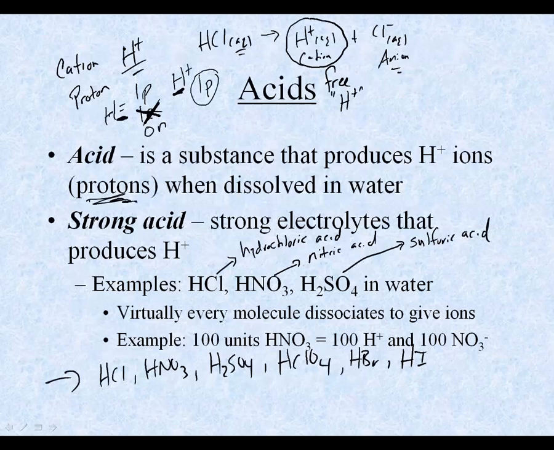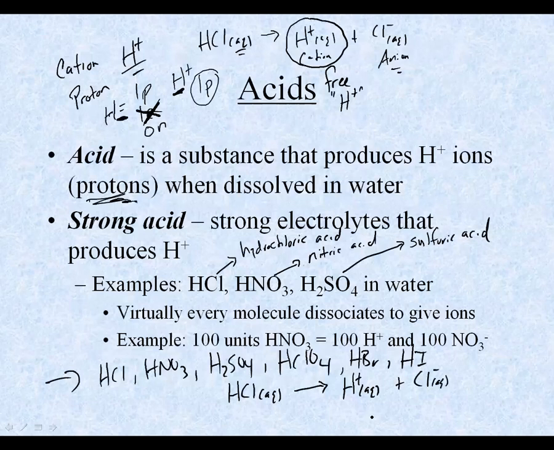When you have any of these strong acids, that essentially means that in solution you don't have any of those units still together. They're all strong electrolytes, like we talked about the other day. If you have a solution of hydrochloric acid, you basically have 100% H pluses floating around and 100% Cl minuses.